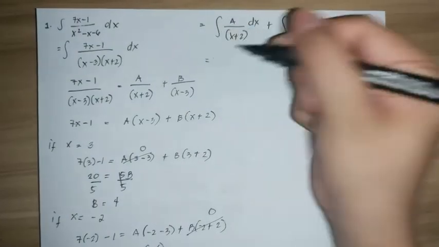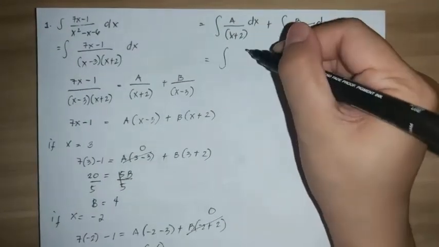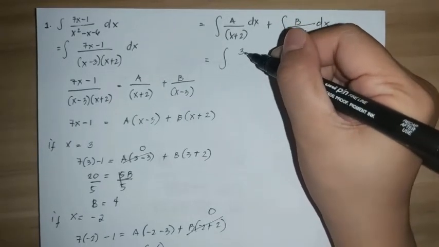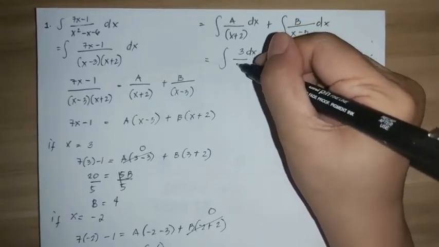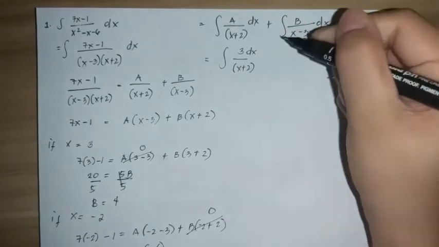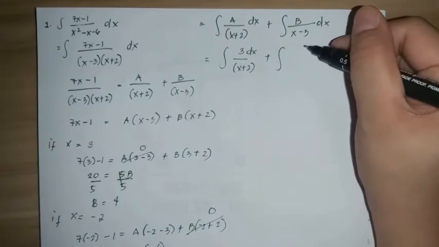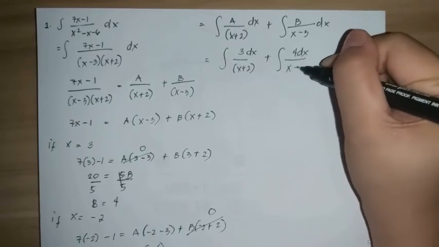So we substitute the values of a and b. We have a equals 3, so we have the integral of 3 dx all over x plus 2, plus the integral of b, which is 4, 4 dx all over x minus 3.